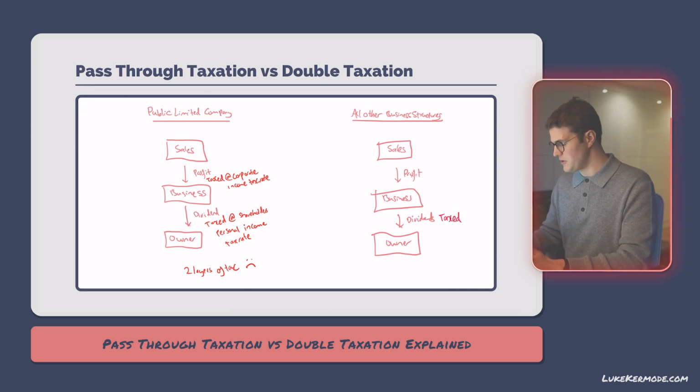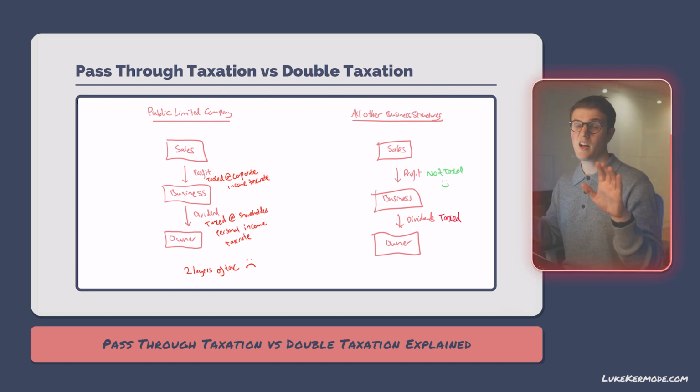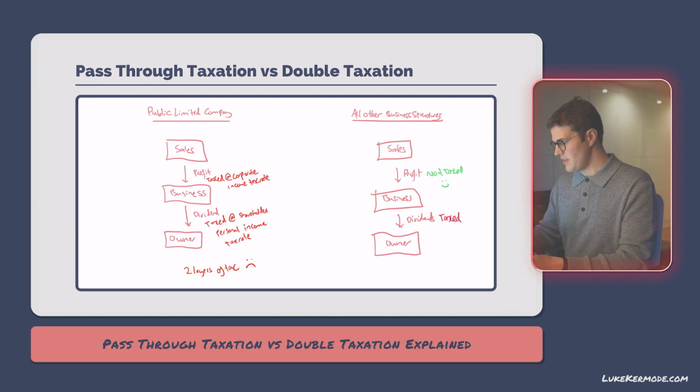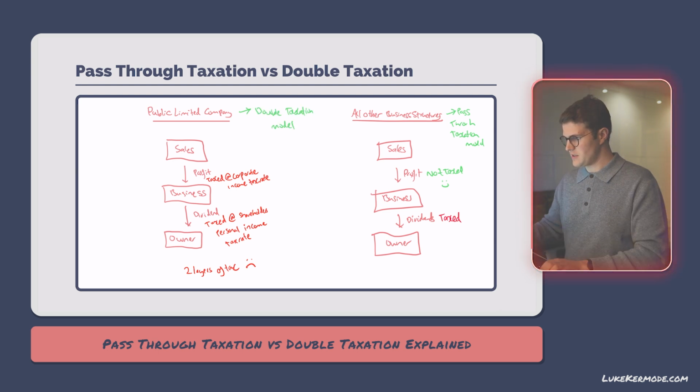But the crucial difference under a pass-through taxation structure is that the business profit is not taxed. There's no corporate income tax. There's no such thing as business tax for sole proprietorships, partnerships, etc. So no tax is due. This is known as the pass-through taxation model. And then public limited companies follow double taxation. So that's a quick contrast.